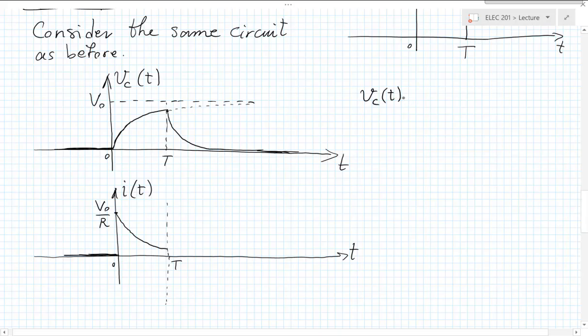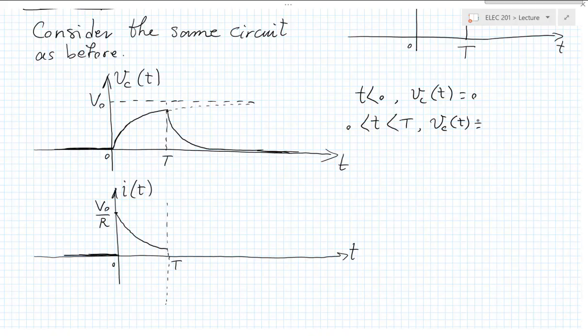Well, first of all, for t less than 0, Vc of t was 0. Now, for t between 0 and capital T, what is Vc of t? Again, by inspection, it's essentially the problem we just looked at without an initial value, right?